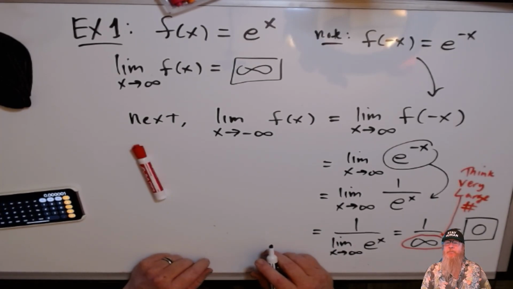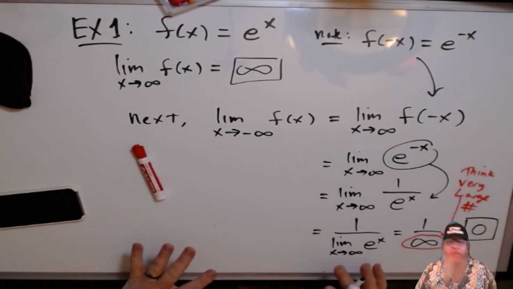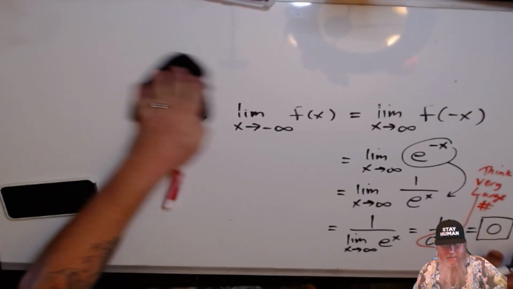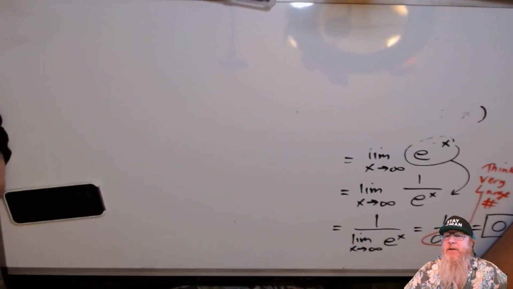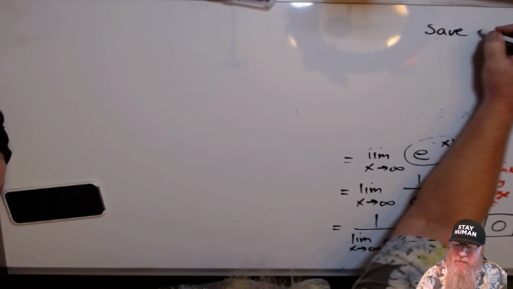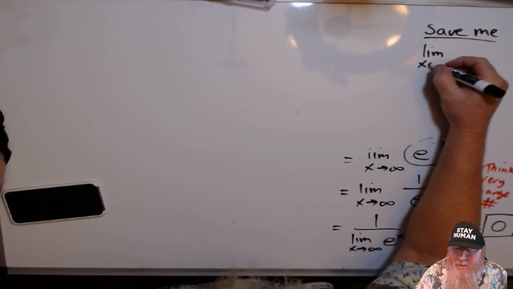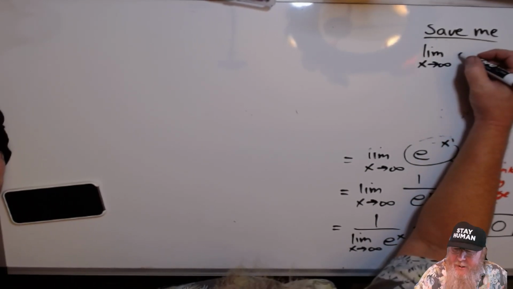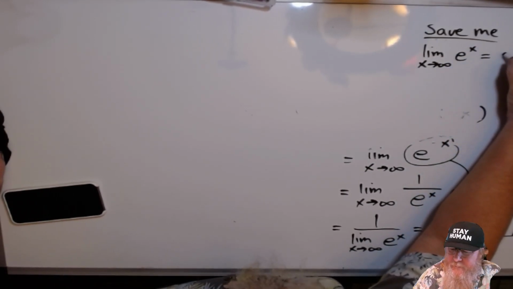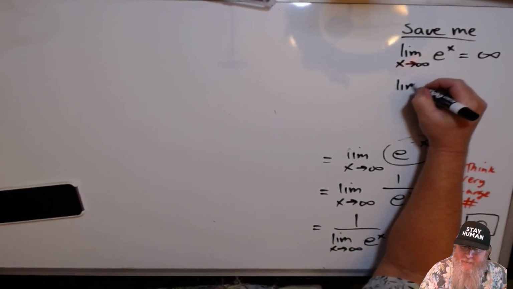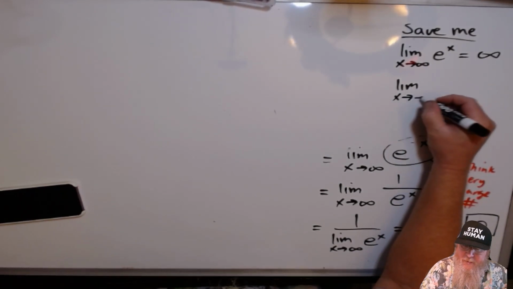All right. We should probably remember these two things. So let's make a little note up here. A little save me note. I'm going to write it all out, the full thing.